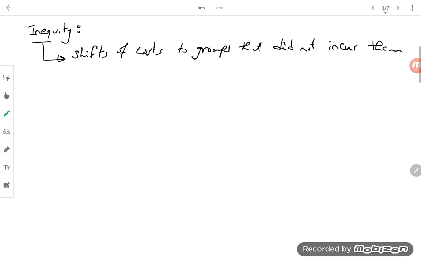And with respect to the benefit, it is the same. They are shifts of benefit to groups that didn't earn them.